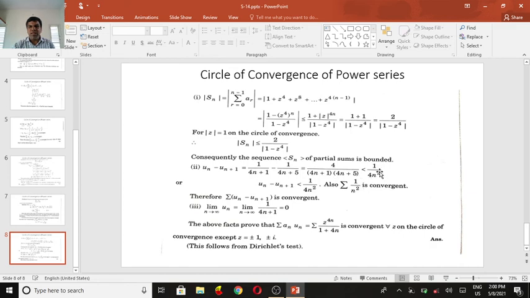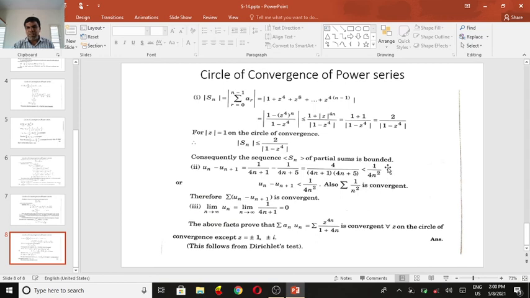Taking 4 as common, 4 gets cancelled, we get 4n square, so 1 divided by 4n square.